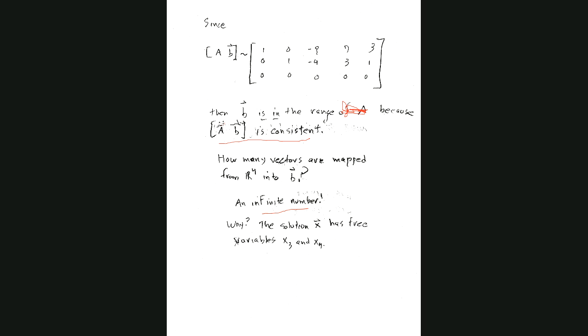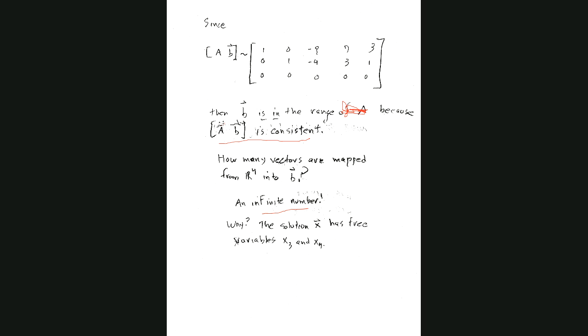If we found the vector x and wrote it out in parametric vector form, we would know what solutions look like that map into B. But for this problem, we just wanted to know if B was in the range. Good question, Sega.